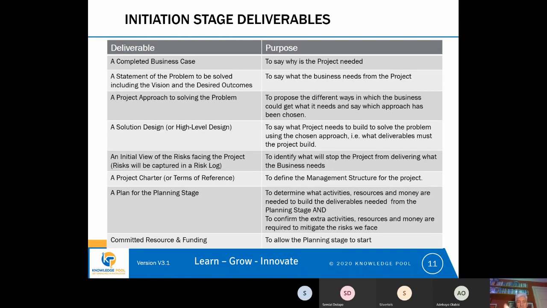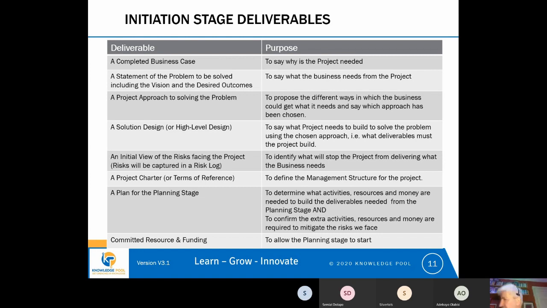And all of these deliverables that we've got on here might be included in a project initiation document. The only thing that couldn't be included in the project initiation document would actually be the committed resource or funding, although there might be a note in the project initiation document to say that funding has been approved and resource has been committed.